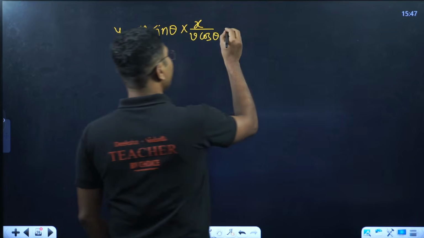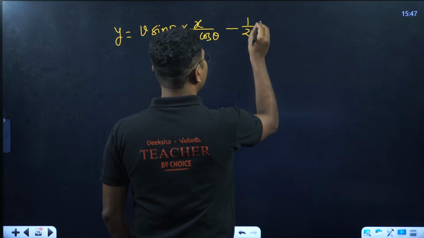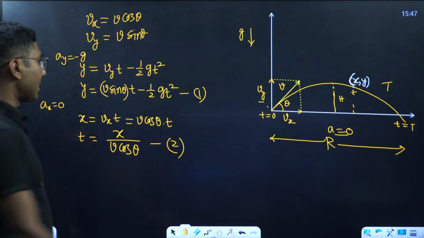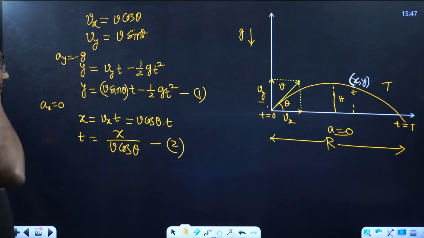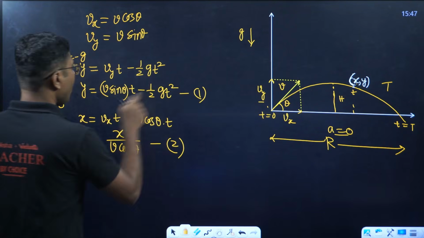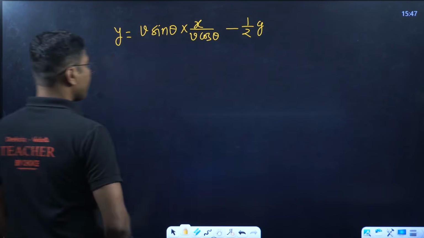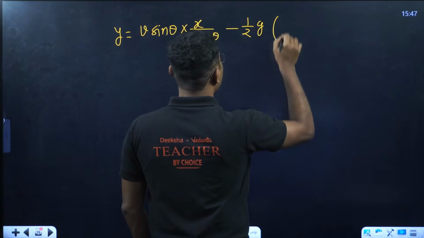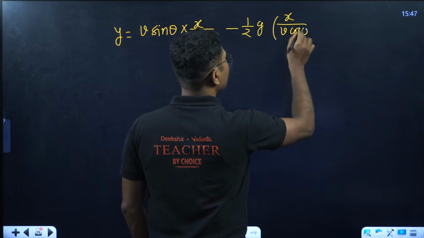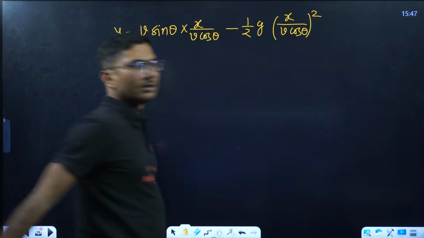We are trying to free up our equation and we are removing the time t so that our equation becomes free of time. That will give us the general equation. Now half g t square means half g into x by v cos theta whole square, right?